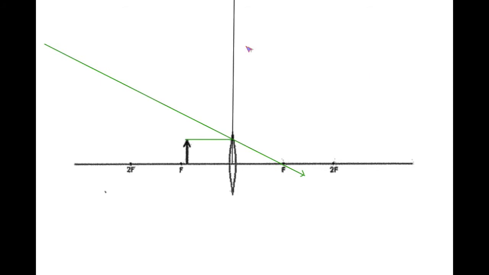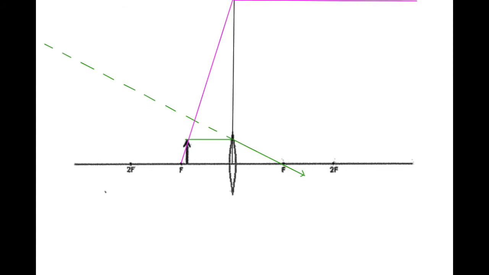Now, the light's actually going off to the right, so I'm going to make this part dotted because it's not really what's going on, but I need it in order to find my image. So then I need to draw another line, and it has to go through the focal point and the top of the object.